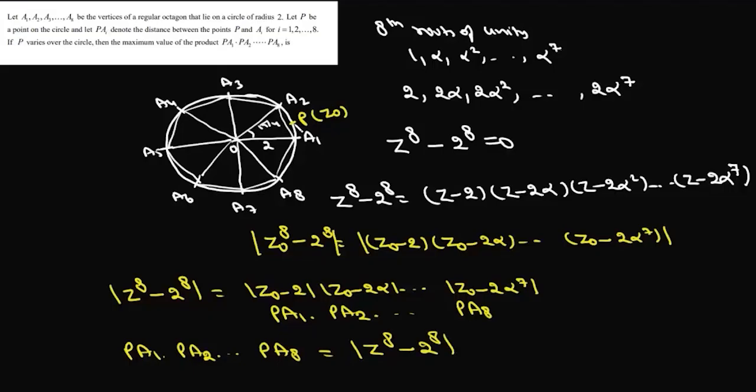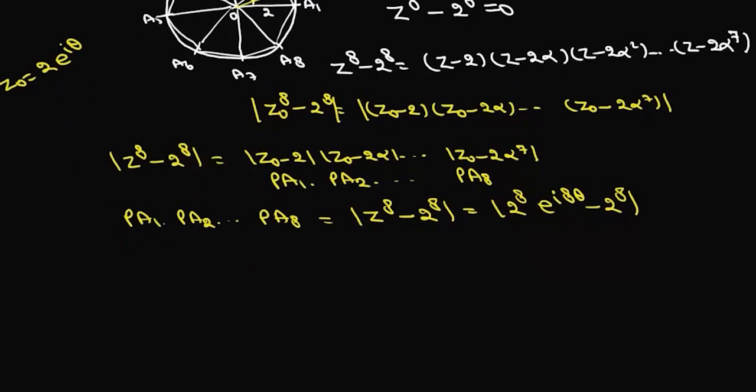Now since this P lies on this circle, we can write z0 as 2 e to the power iota theta. So it will be mod of 2 to the power 8 e to the power iota 8 theta minus 2 to the power 8.